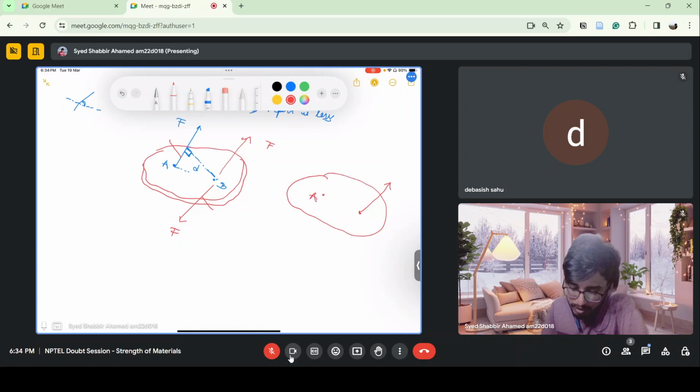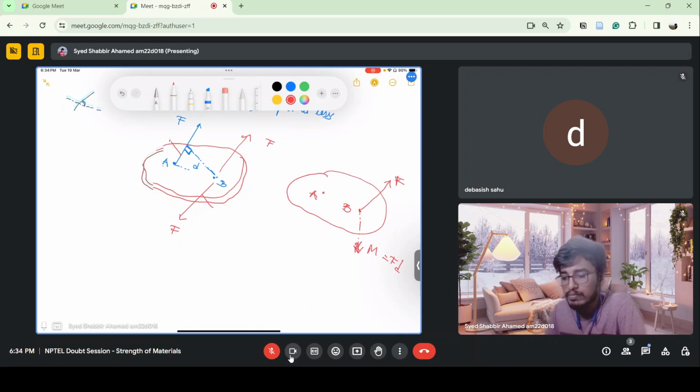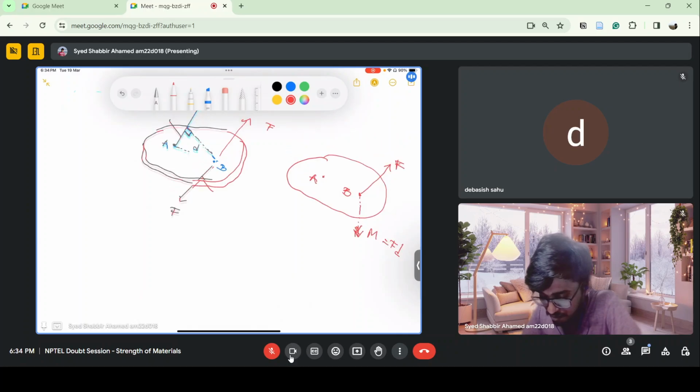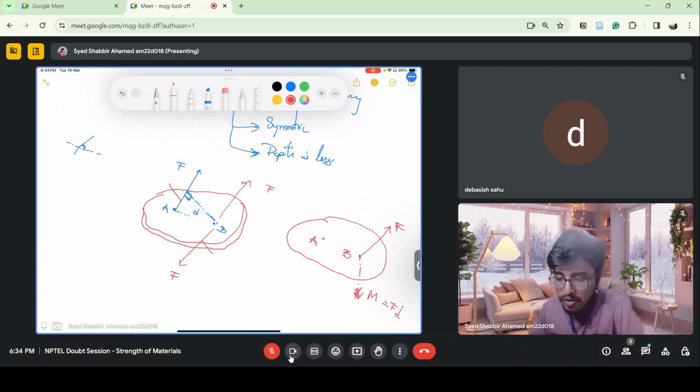So this is how I can transmit or take the force F to B with the couple or moment, which is equal to F into the distance. I hope this is clear to you because this will be helpful for us.